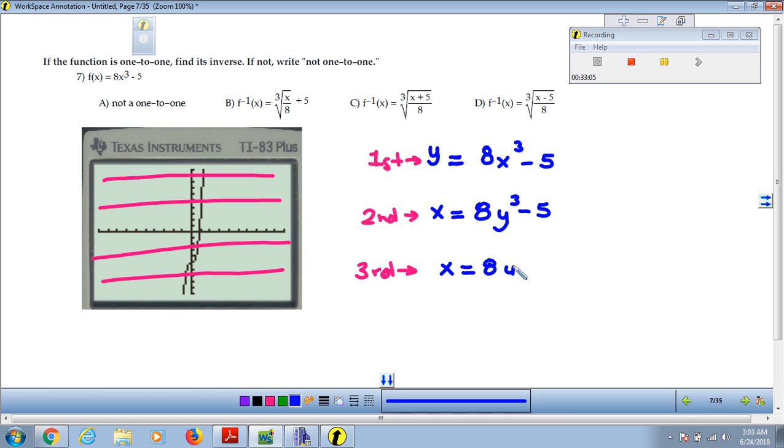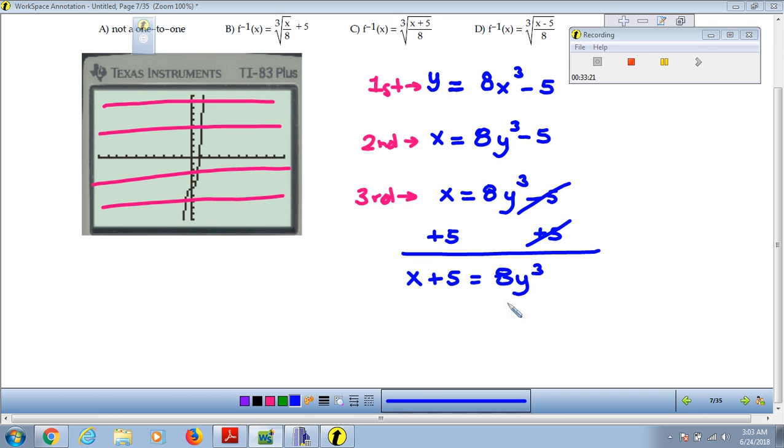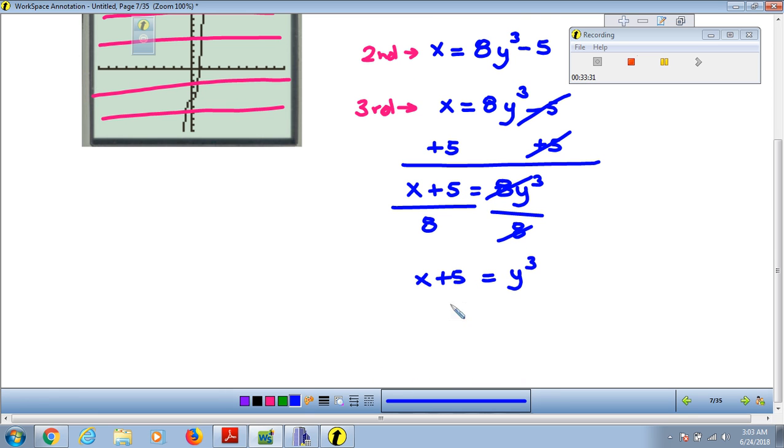So let me rewrite this. The first thing that I'm going to do is move the minus 5 to the other side. So you end up with x plus 5 equals this. Divide by 8. So y to the third is equal to x plus 5 over 8.